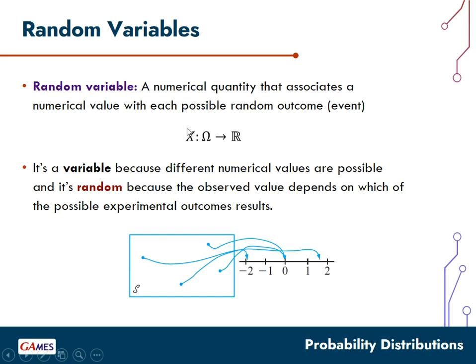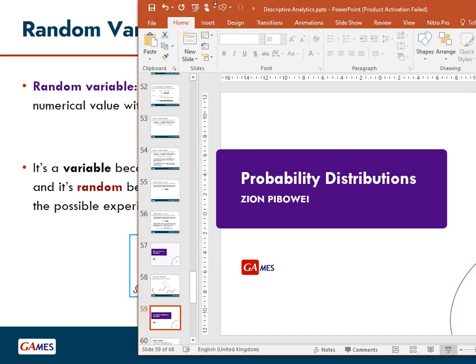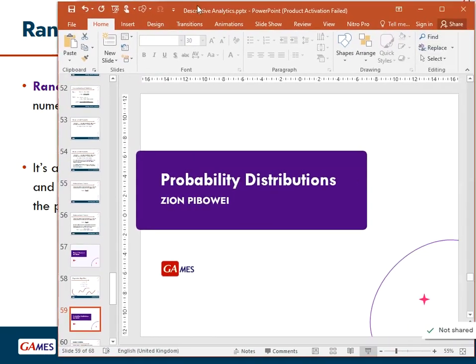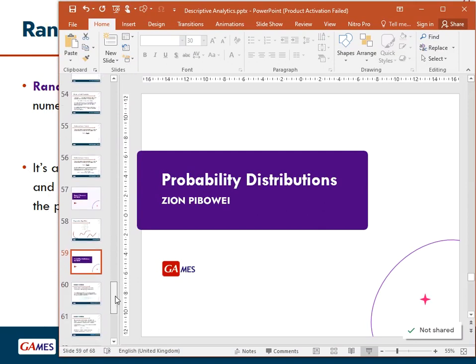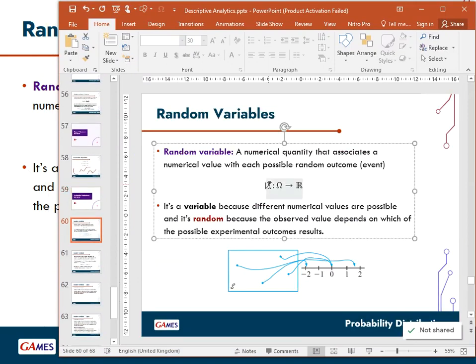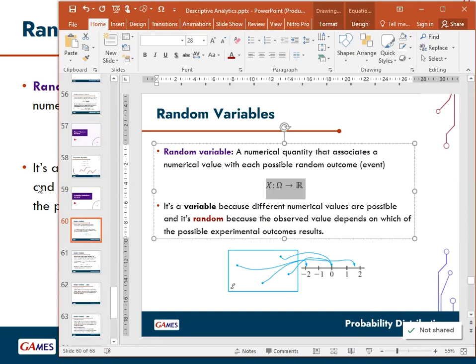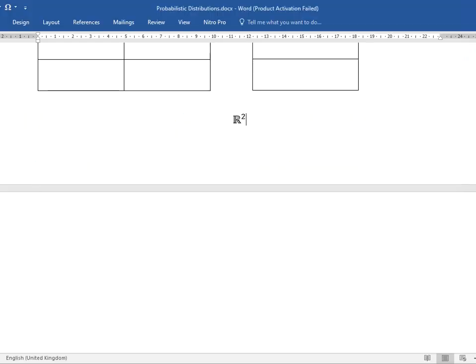So now we'll read this as X such that the sample space maps to R. Just so that we don't get too confused by all that, let us deconstruct it. All right.